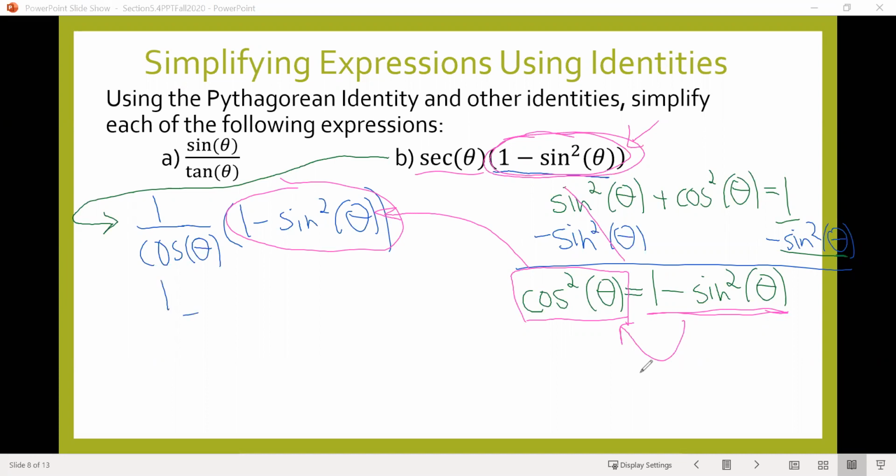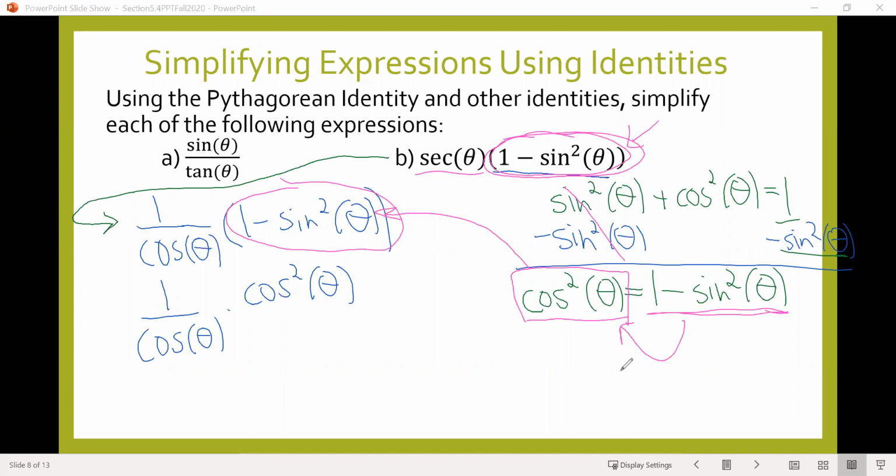So our expression now becomes 1 over cosine of theta, which isn't changing, times, instead of 1 minus sine squared, the cosine squared of theta. Our problem has now become 1 over cosine times cosine squared of theta.